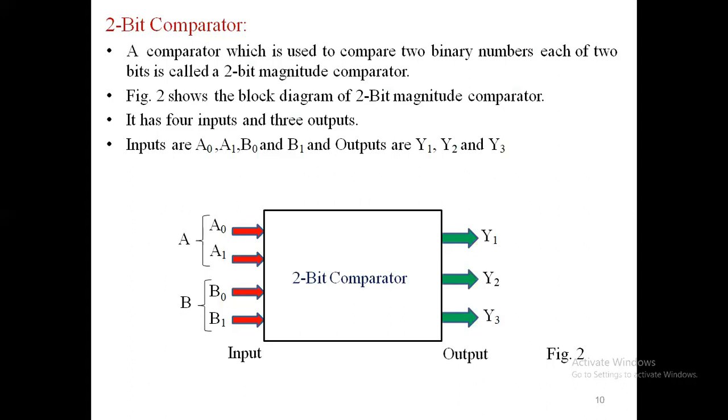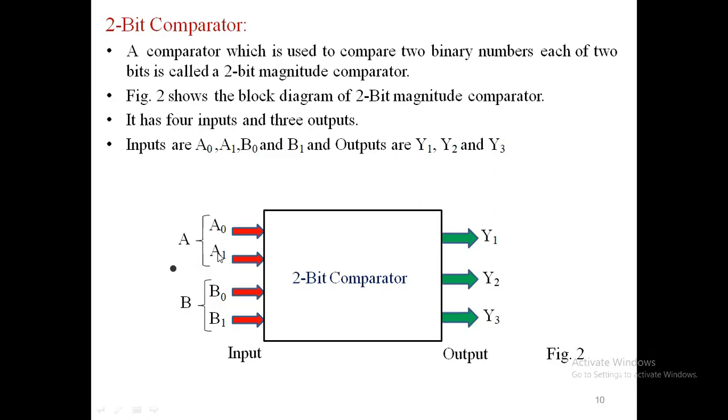2 power 2 into n is nothing but 2 power 2 into 2. So 2 power 4 is nothing but it will require totally how many values? 16 entries. Here the A bits are there and the B bits are there. For A, we have A0, A1, because 2 bits.